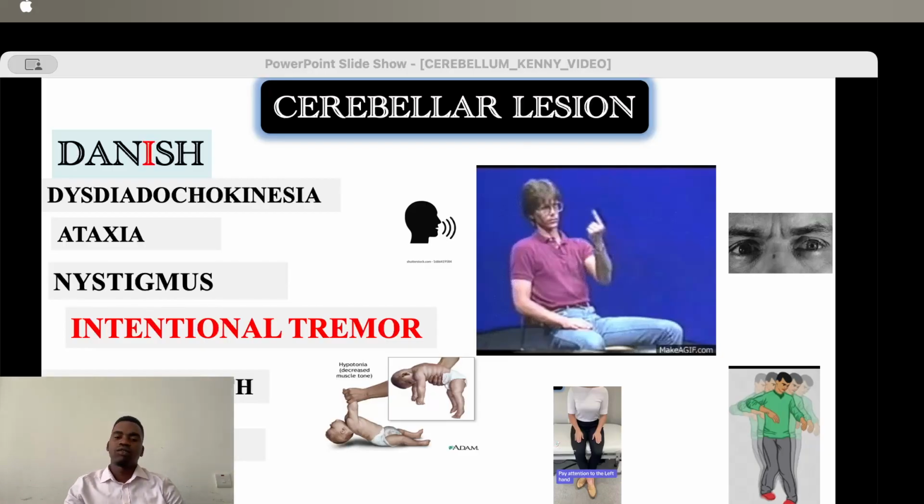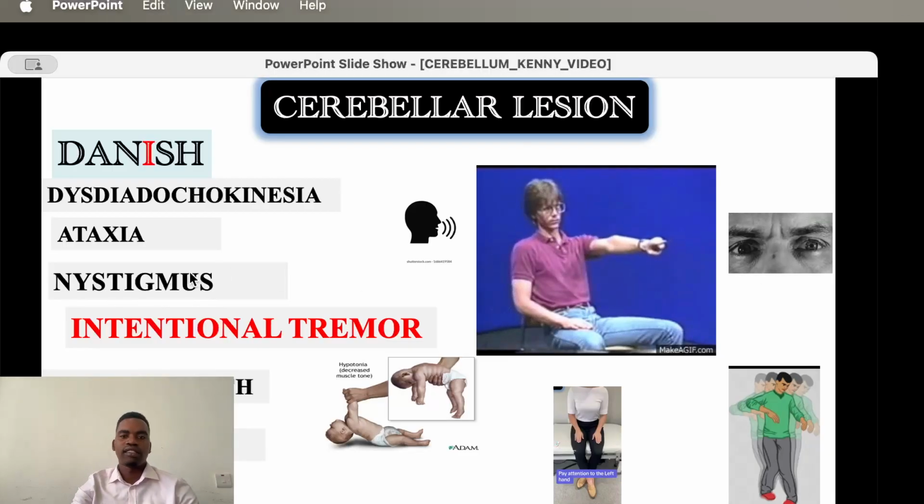That's why we have tremor, and we say it's intentional because he intends to reach a specific object but couldn't do so because of the missing component, which is the cerebellum. So that is intentional tremor.